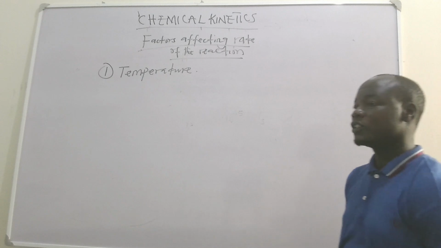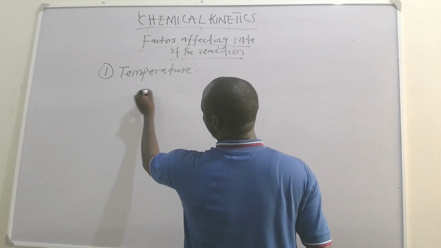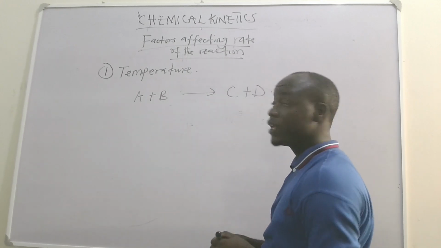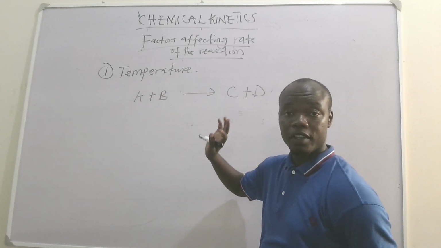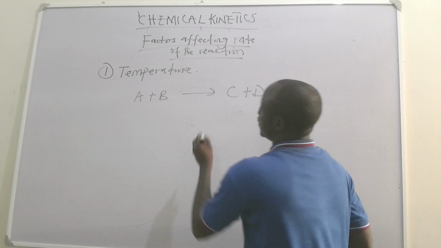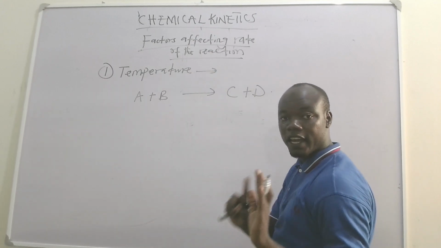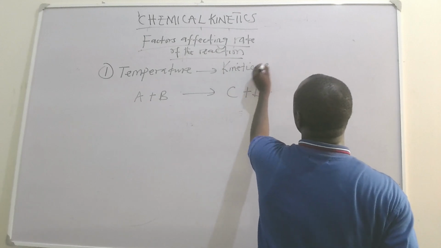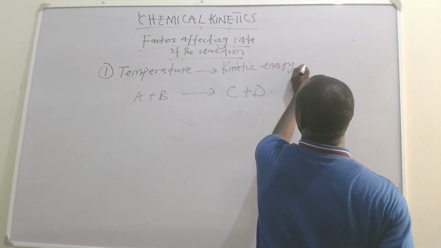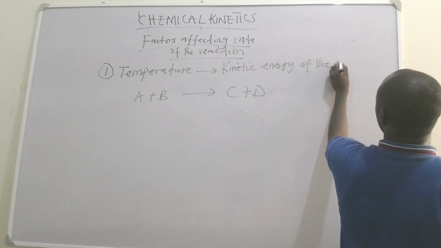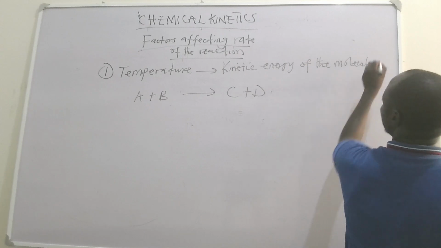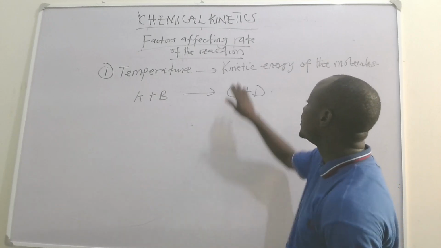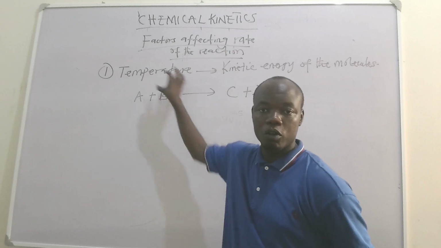So generally, if you have a reaction, let's say A plus B gives C plus D, whenever you increase the temperature of the reactant particles, the increase in temperature generally increases the kinetic energy of the reacting molecules, which are the reactants.